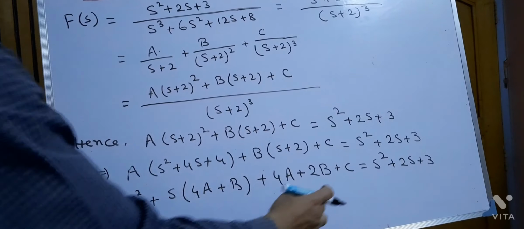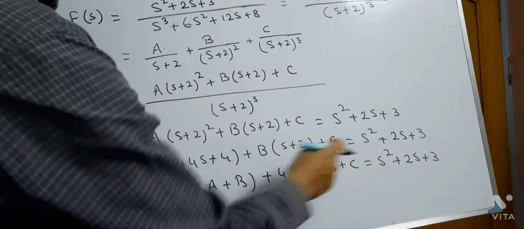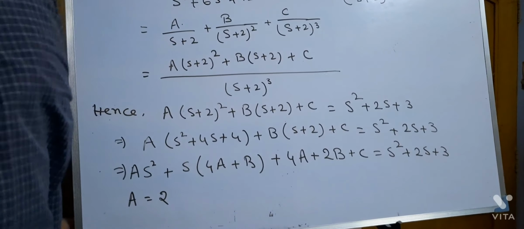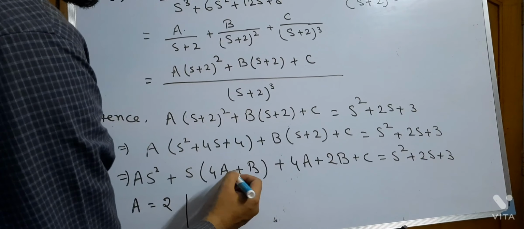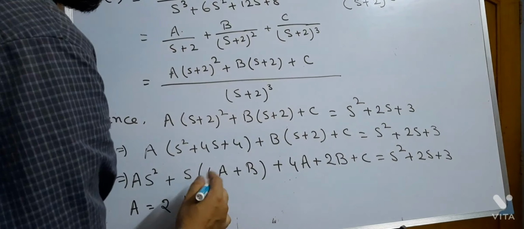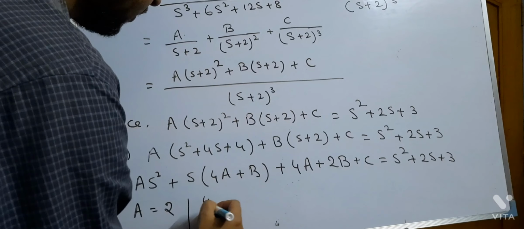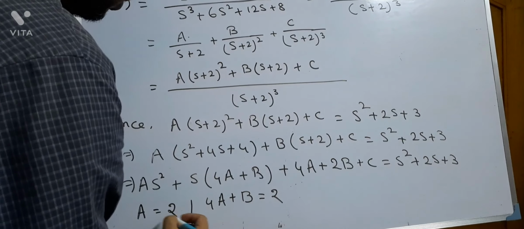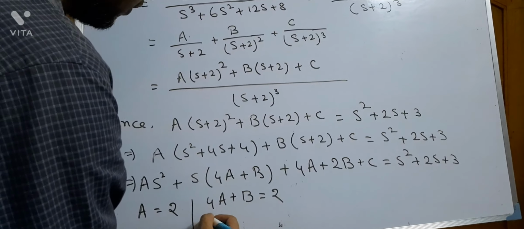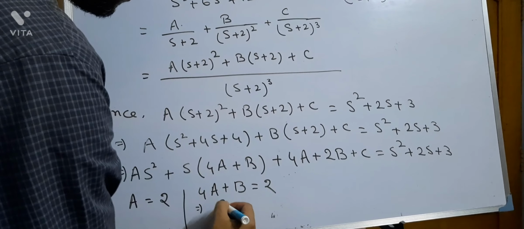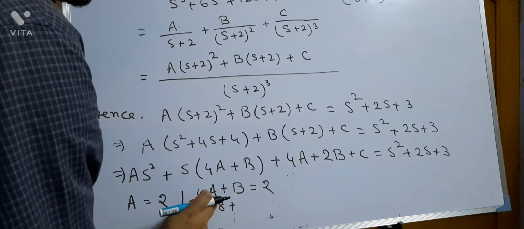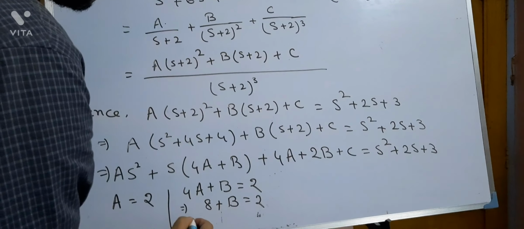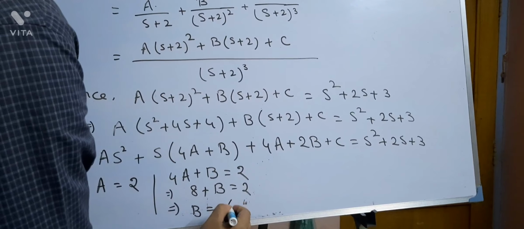Now comparing the coefficients of both the sides, we will get A equal to 2. Now compare the coefficient of s on both sides. So 4A plus B is equal to 2. Now put A equal to 2 here. So 8 plus B equal to 2, so B equal to minus 6.